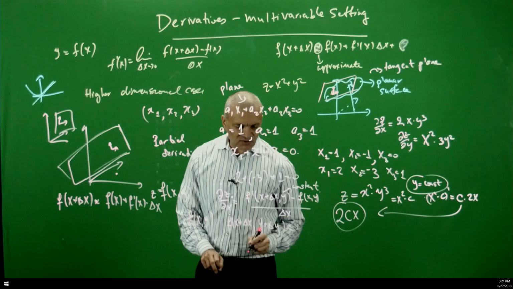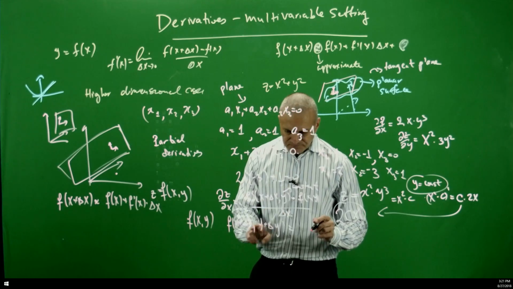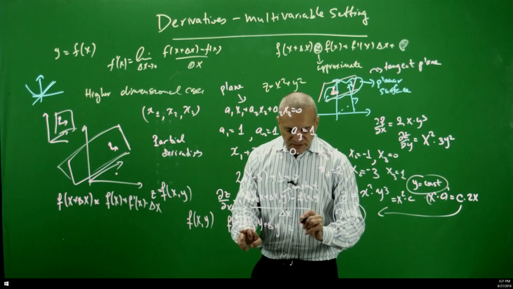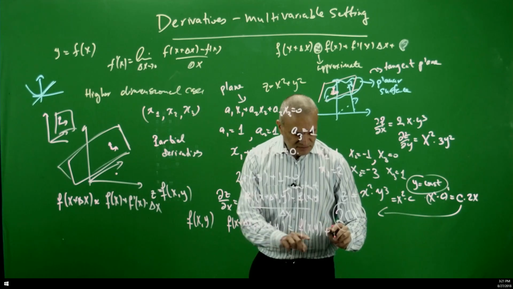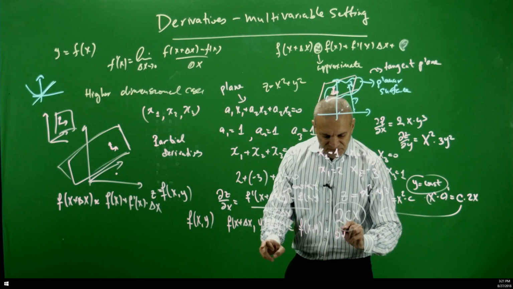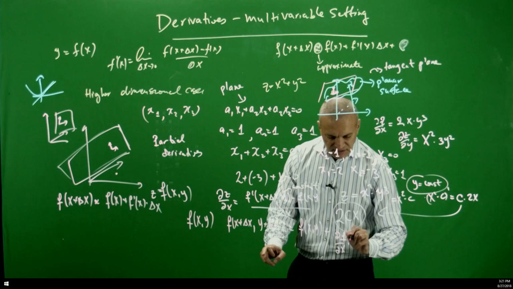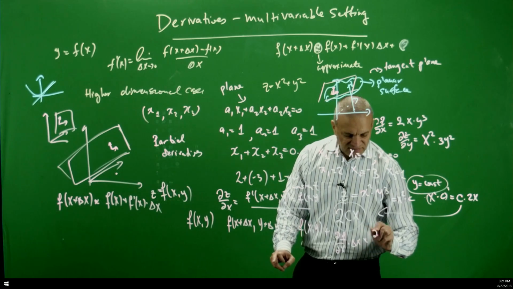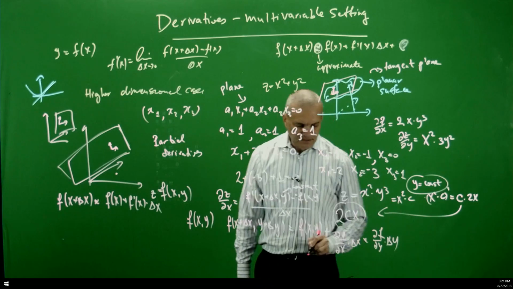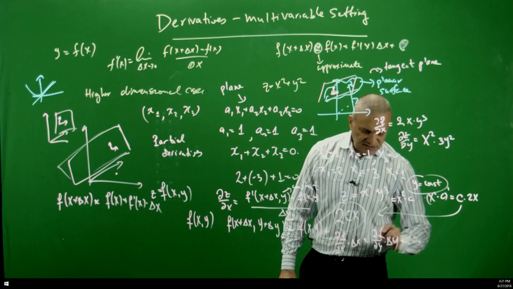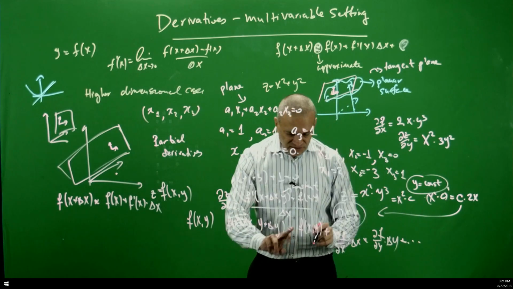This is going to be approximately f of x, y, plus the derivative with respect to x times delta x, plus the derivative with respect to y times delta y, plus other things. Of course, this is approximate.